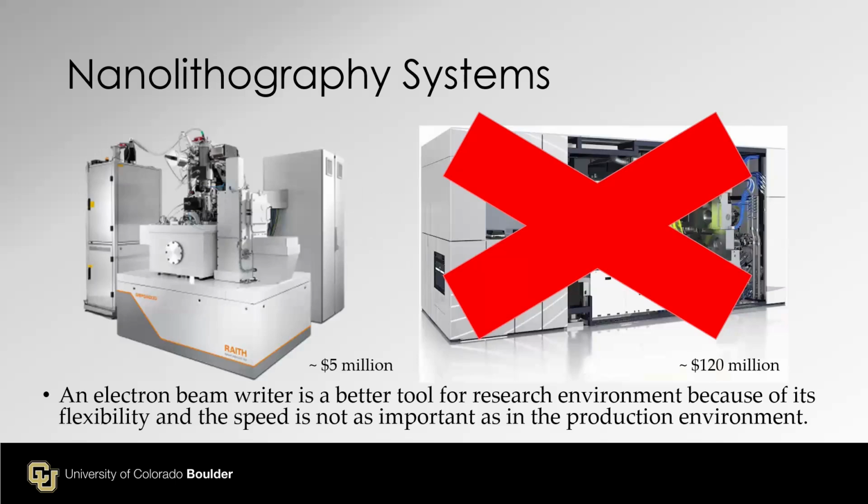And an E-beam direct writer is a better tool for this research environment because of the flexibility. Direct writer means we don't have to have a mask. And for most of the time, speed of writing is not super important for academic clean rooms, not like in the production environment. We are not Intel.